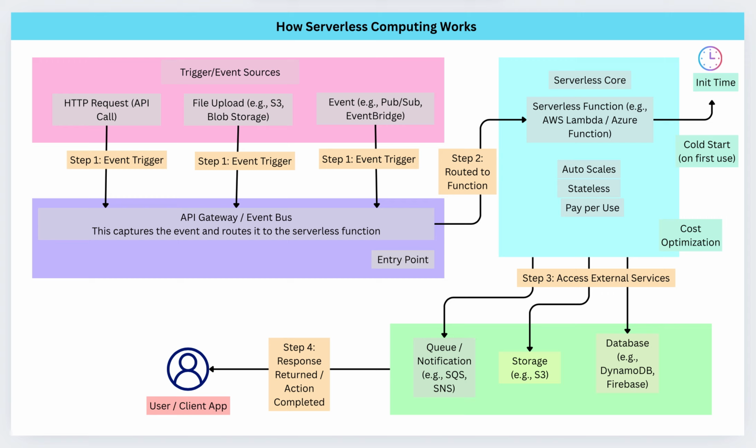It is stateless, each function call is independent. No memory is saved between calls. And pay per use, you're only charged for the compute time used, not for the idle time. This is like the brain of the operation. It runs your code in response to each trigger.